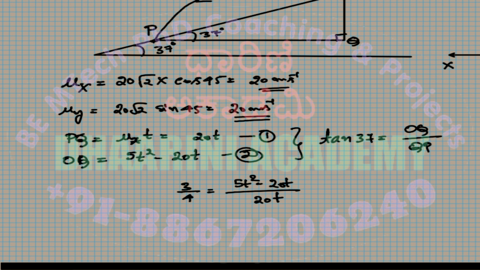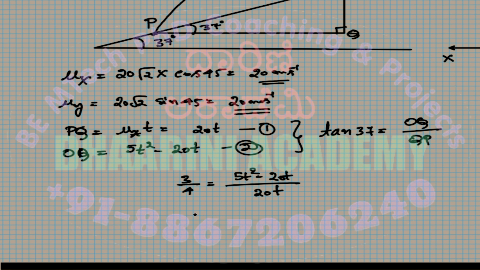All right, let's solve for t now. So that is 3 into 20, 60t is equal to 20t square minus 80t.